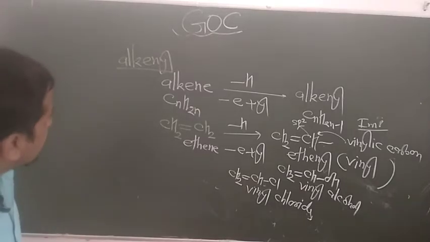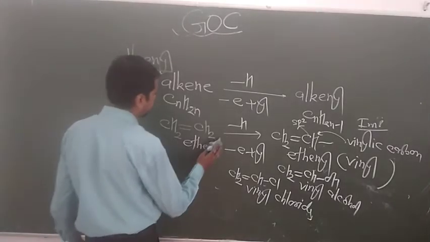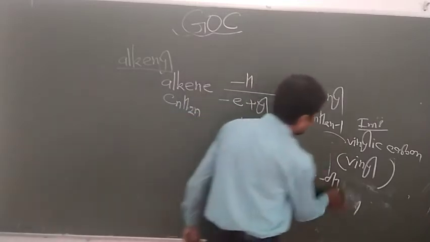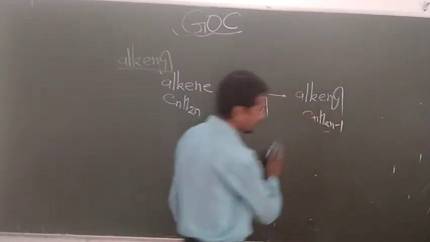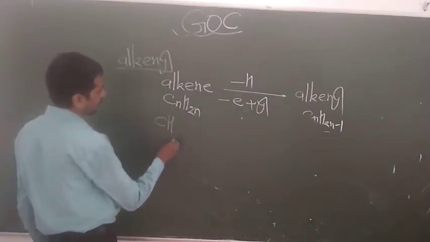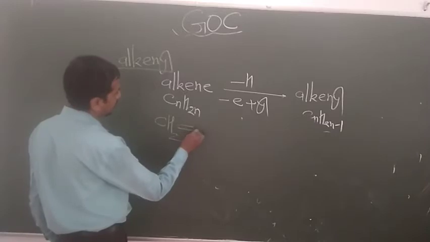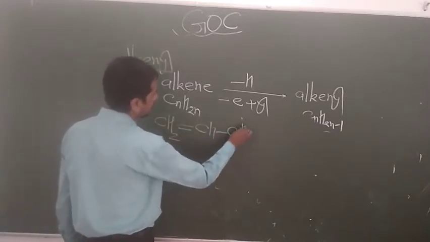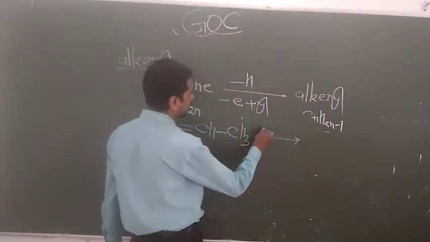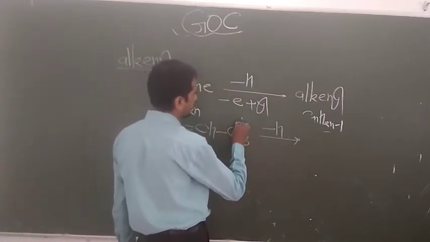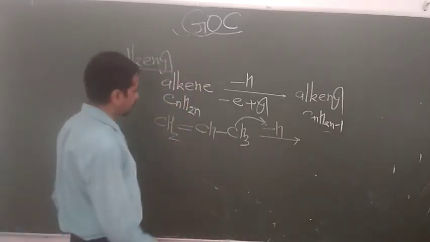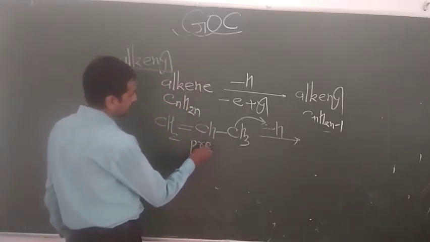Now, if 3 carbons are there, look for more conditions. This is also a very important group, known as the allyl group. Look at here, CH2 double bond CH single bond CH3. If you remove 1 H from this carbon, now this is known as propene.